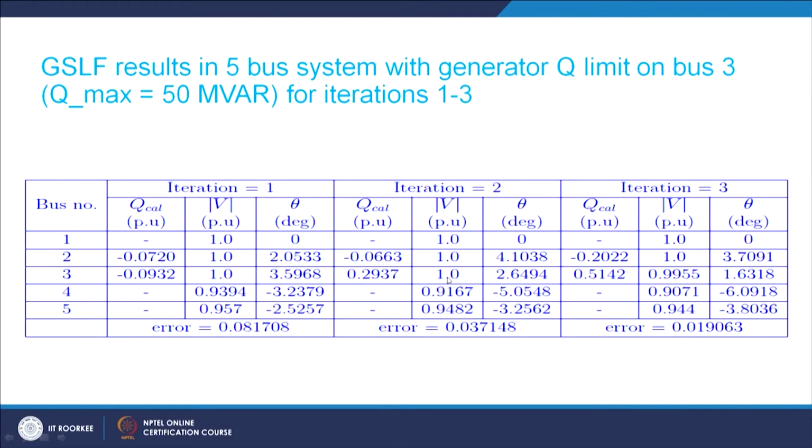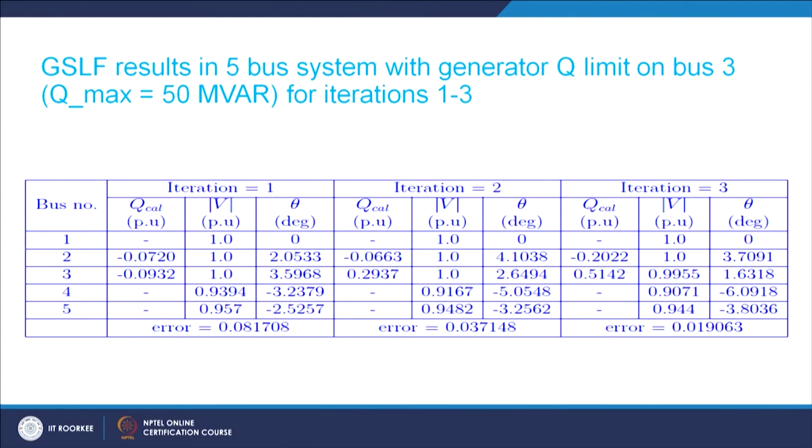In the first two iterations the voltage magnitude at bus 3 is maintained at 1.0 per unit, but at iteration 3 it has reduced from 1 to 0.9955 per unit. The angles and so on are being calculated, and the errors are also getting reduced.